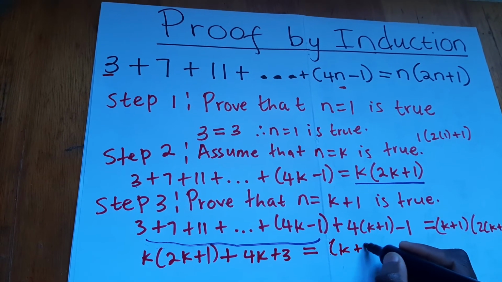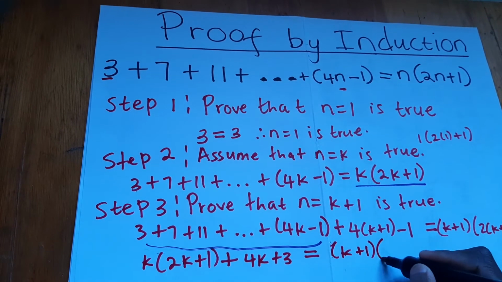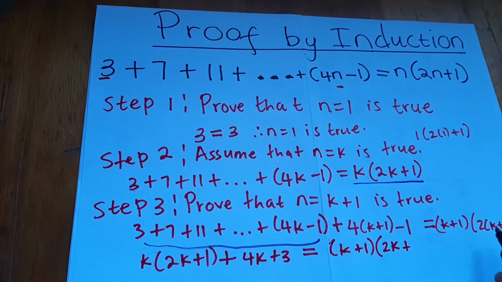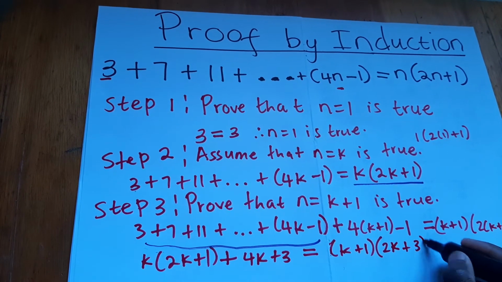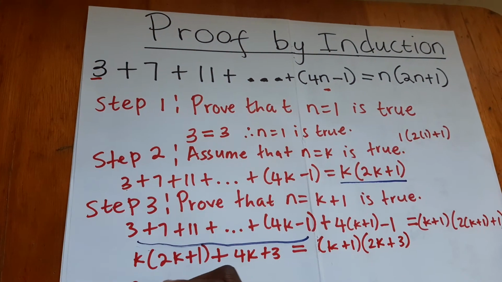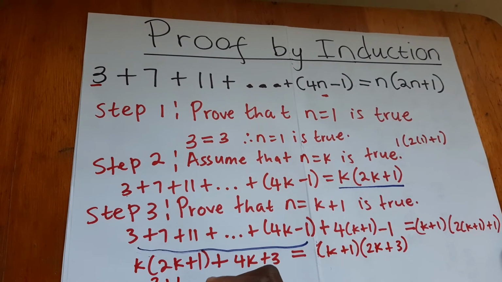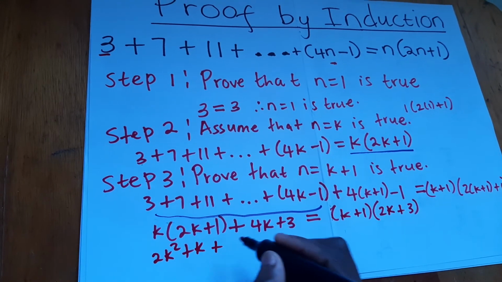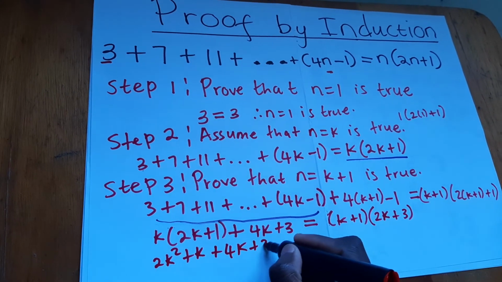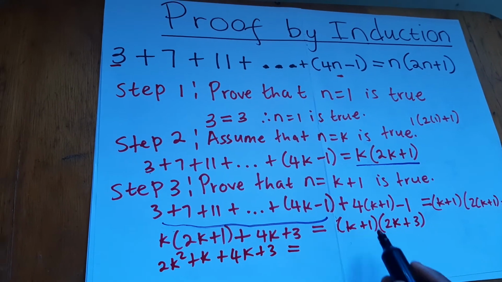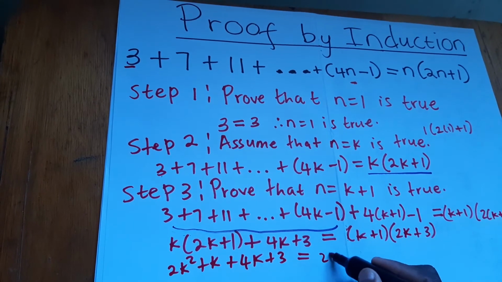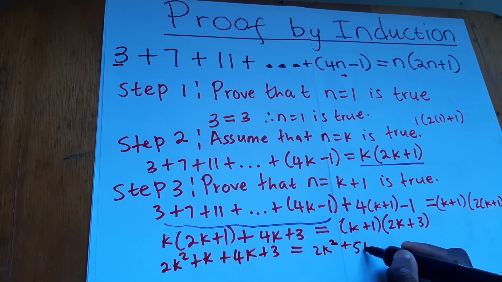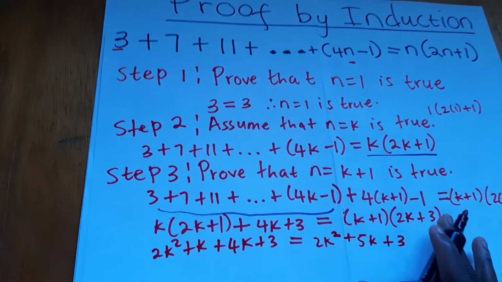You have k plus 1 multiplying 2 times k is 2k plus 2 times 1 is 2 plus 1 is 3. So you have 2k squared plus k, 2k squared plus k plus 4k plus 3 is equal to, you will have 2k squared plus 5k plus 3.